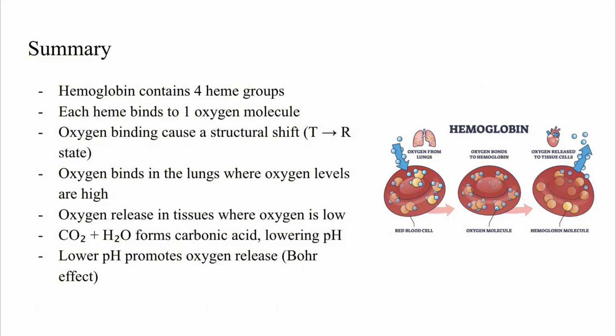At the same time, carbon dioxide produced by tissues reacts with water to form carbonic acid, generating hydrogen ions and lowering pH. This decrease in pH further promotes oxygen release through the Bohr effect. And together, these mechanisms ensure efficient oxygen delivery to our tissues and removal of carbon dioxide from our body.